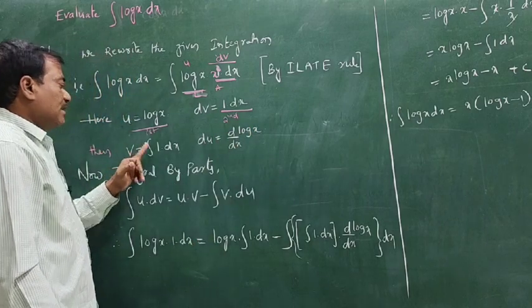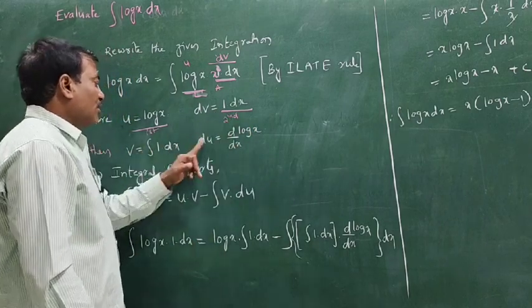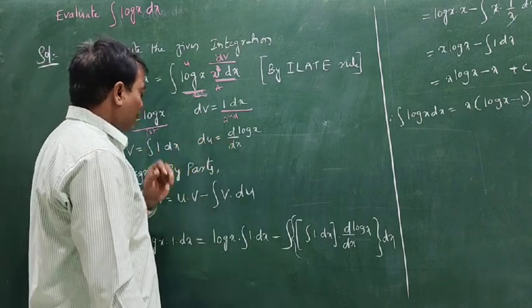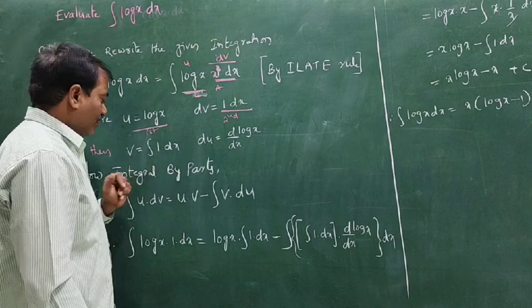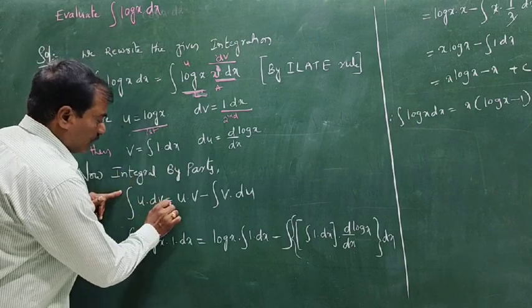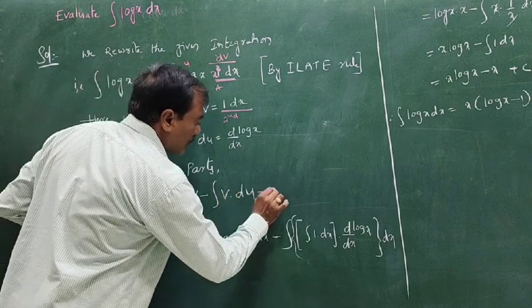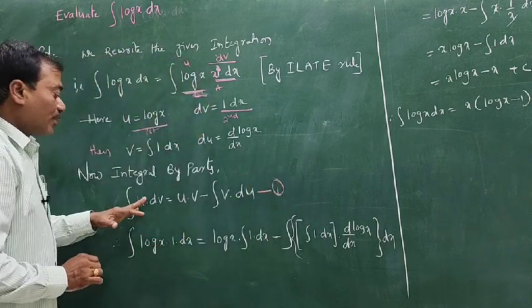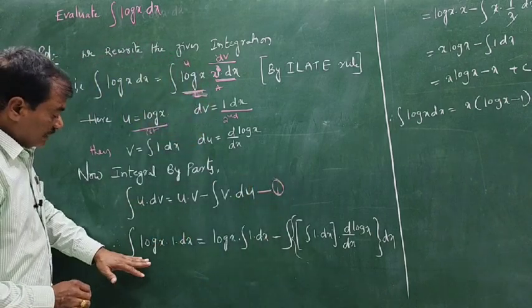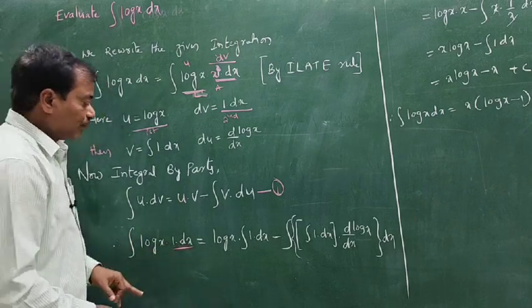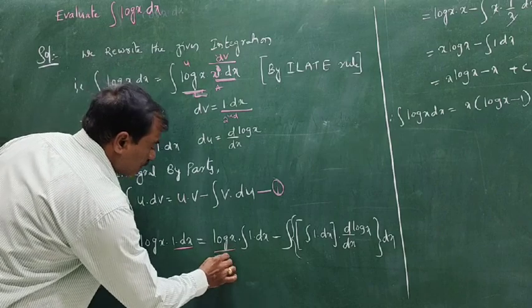So by integration by parts, integral u dv equals u into v minus integral v du. Now this is the formula. By using this formula, we write integral log x times 1 dx equals, so first we write u.